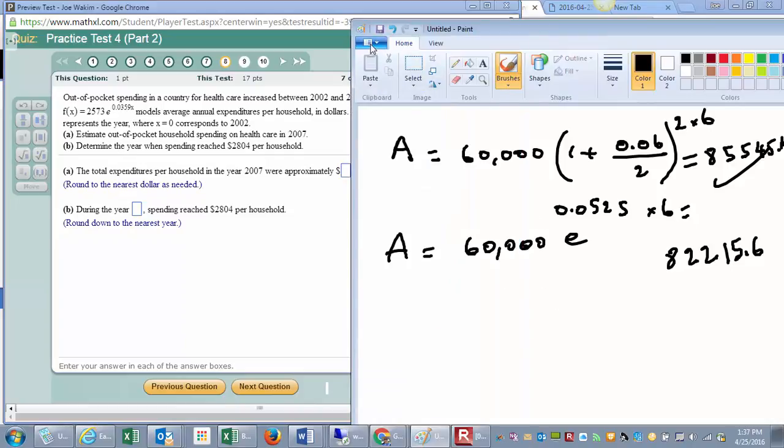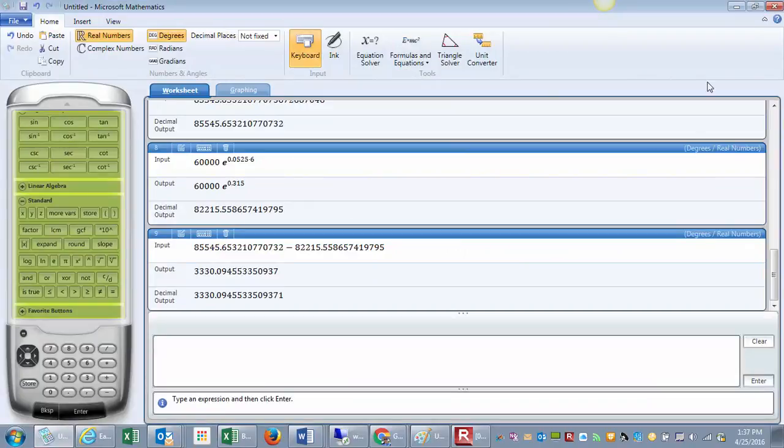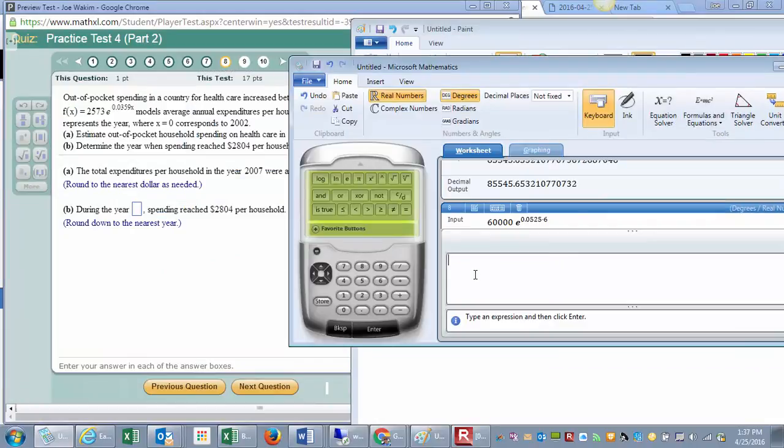So all we have to do is substitute x equals 5. Let's use the calculator. So here we have 2573 times e to the power 0.0359 times, again, 2007 corresponds to 5 years, 5, and that's it.